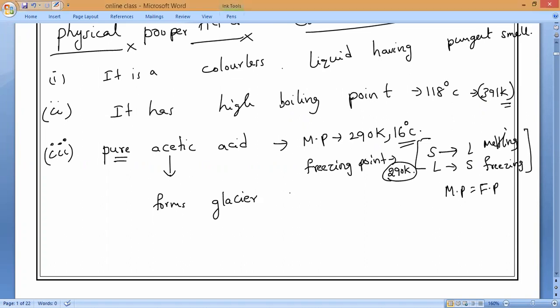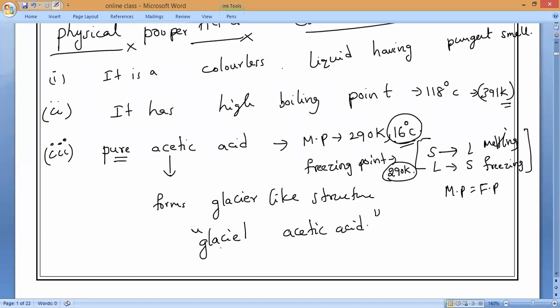That is why when pure acetic acid freezes in winter seasons, as its temperature is just 16 degrees Celsius, it will form a solid glacier-like structure. That is why pure ethanoic acid or acetic acid is called glacial acetic acid. Please note it down.